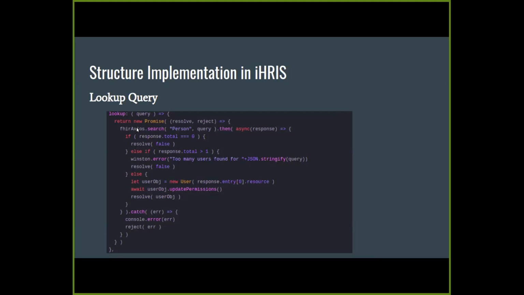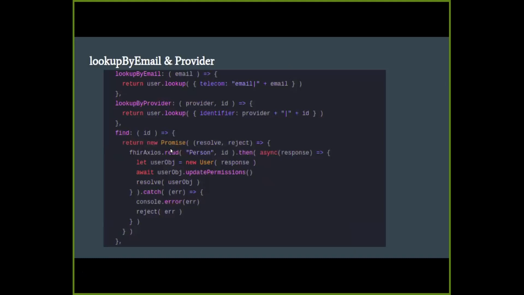It makes HTTP client calls. So it wants to search the person, then it queries, and for that, it's supposed to give a response. And these are the conditions. Then it can give whatever you want to search with the lookup query. Then you can look up by email.